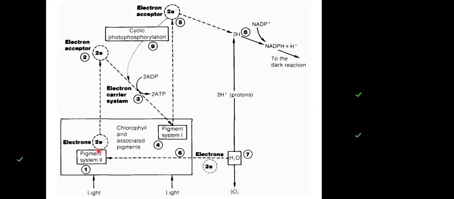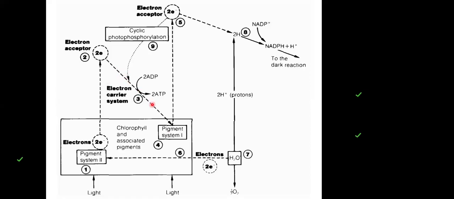So we started by saying electrons are boosted to high energy level, taken up by the electron acceptor. Then they are passed on to the electron carrier system. Now, the electron carrier system, they are later on taken by the pigment system 1 or photosystem 1. If you notice that this photosystem 1, pigment system 1, is now at a lower energy level than where they are coming from.